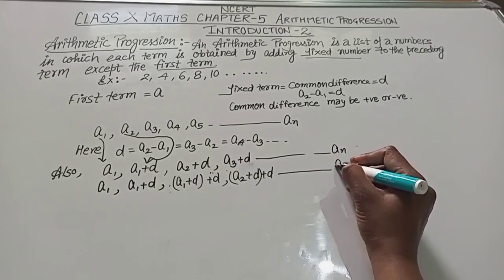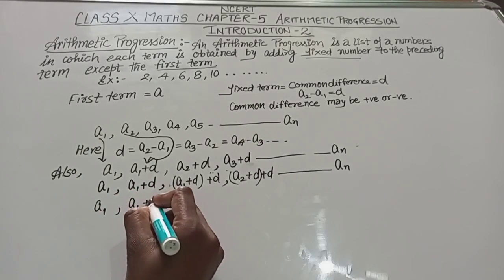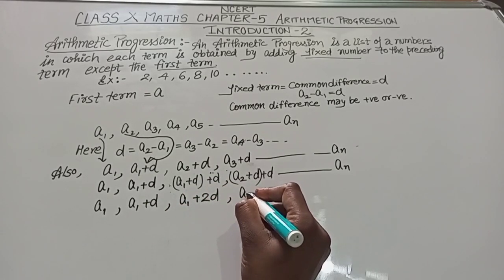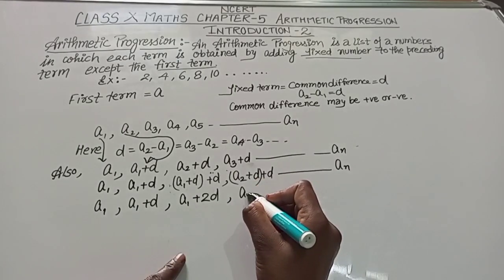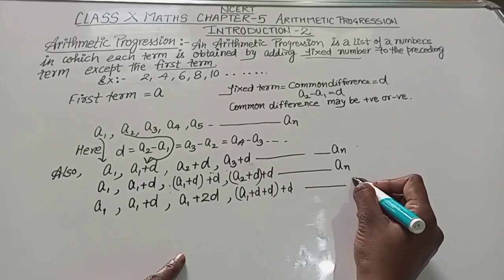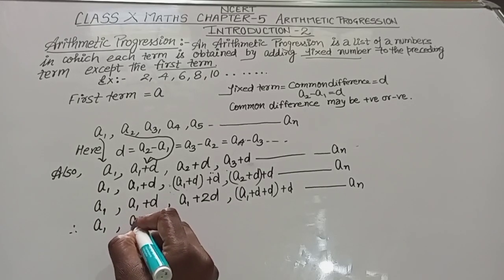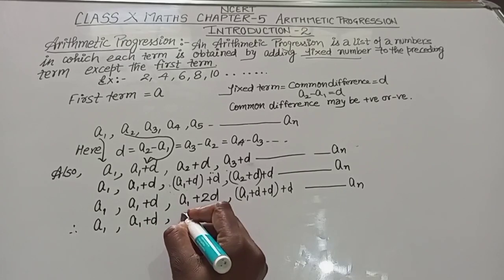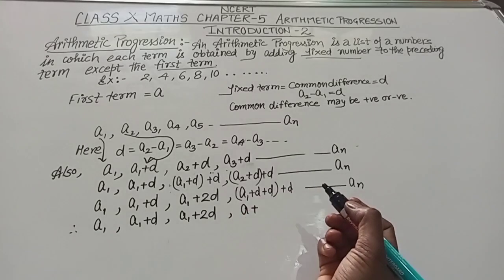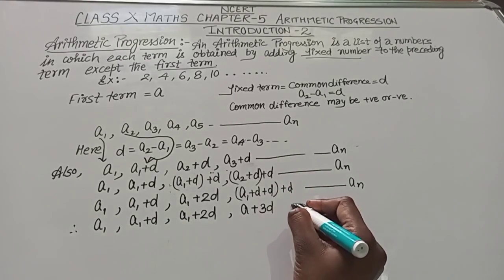So A1, A1 plus D, A1 plus 2D, and A1 plus 3D, and so on.